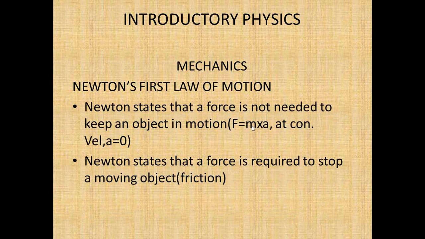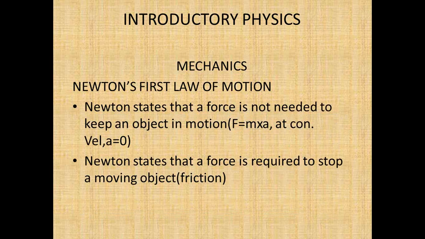So there is no force. Again, we'll look into this in more depth, but Newton states that force is equal to the mass of an object times the acceleration that the object is subjected to.